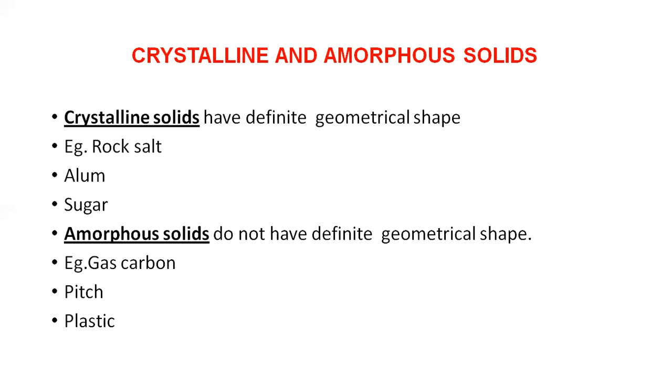Example, common salt, sugar, and diamonds. Amorphous solids. Solids that do not have a definite structure or definite geometrical form are called amorphous solids. Example, glass, wax, plastic, etc.